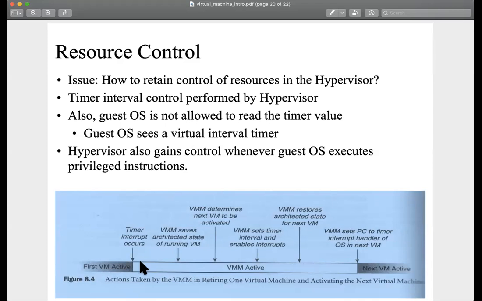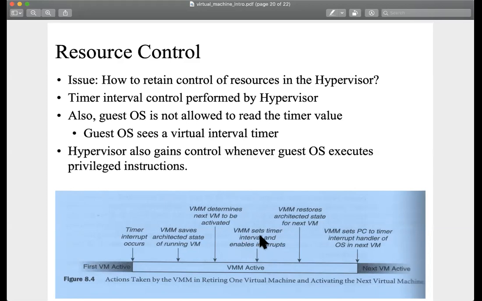At this point, the hypervisor would save the state of the previous virtual machine, meaning it would take the execution state, registers, program counter, everything, and save it in some region specific to the VM. Then it would run a scheduling algorithm to determine which is the next VM to run, whether there are other VMs waiting. And then it would determine how long the next VM should run, and it will set up the next timer interrupt.